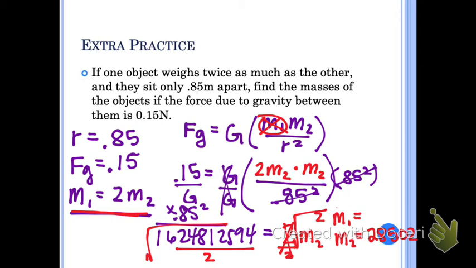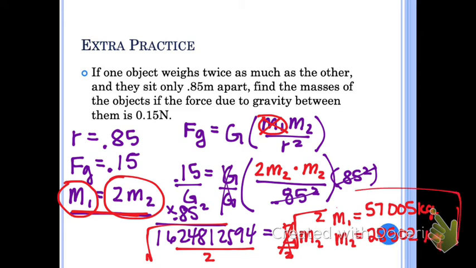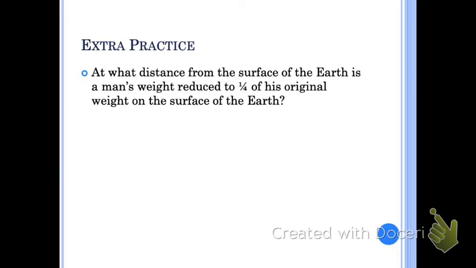No, go back and look here. M1 equals 2 M2. So it's really twice as much of that. Twice that. So 57,005 kilograms. Those are tricky. Try to get this one started on your own.